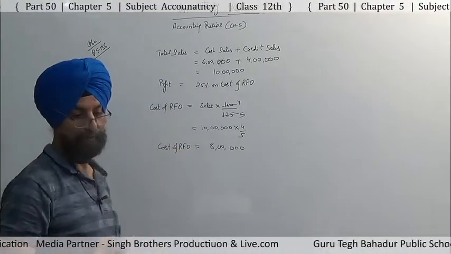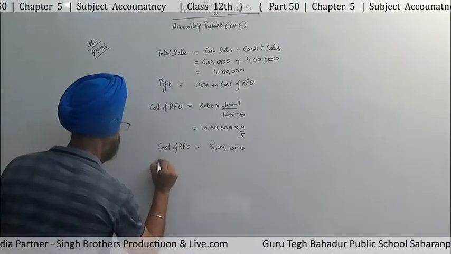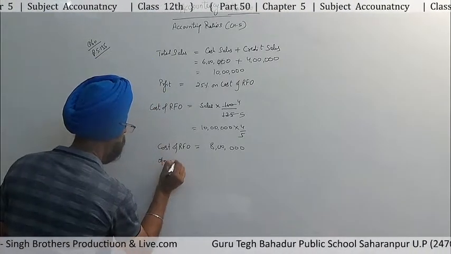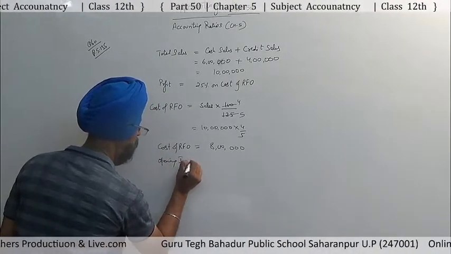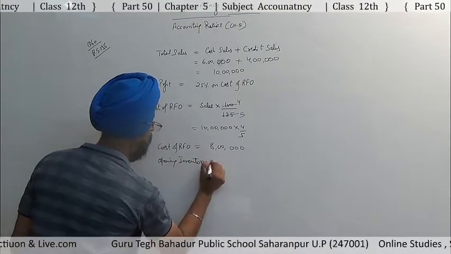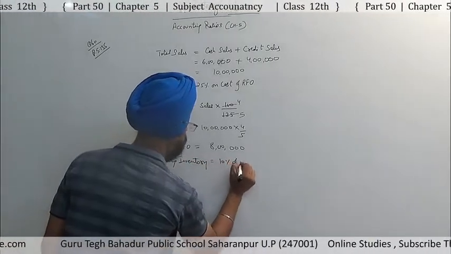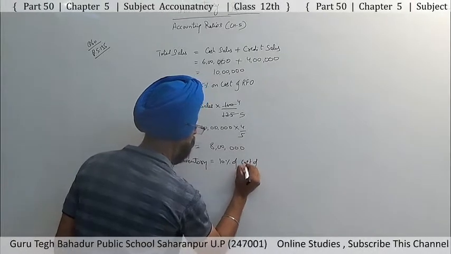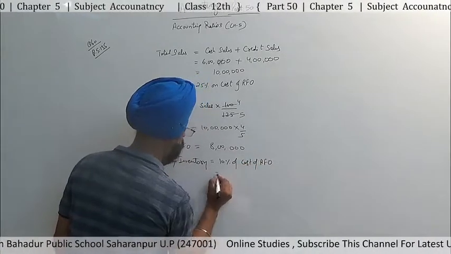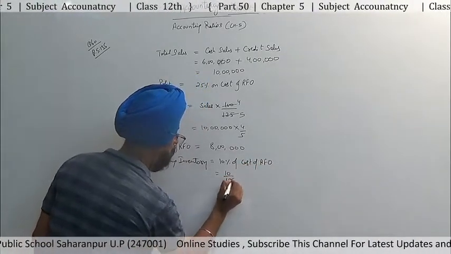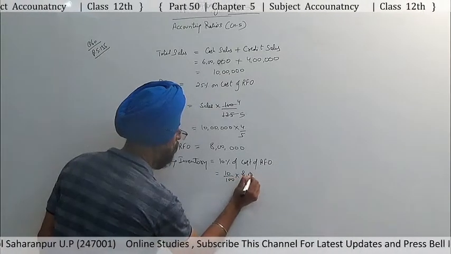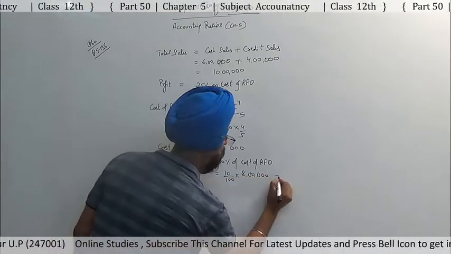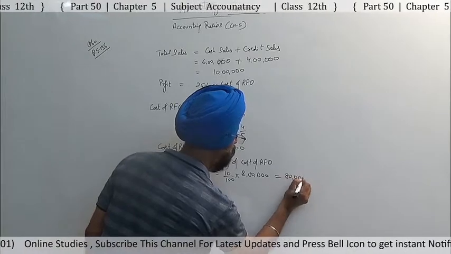Now come to opening inventory. Opening inventory is 10% of cost of revenue from operation. This is 10% of 8 lakh. It comes 80,000 rupees.